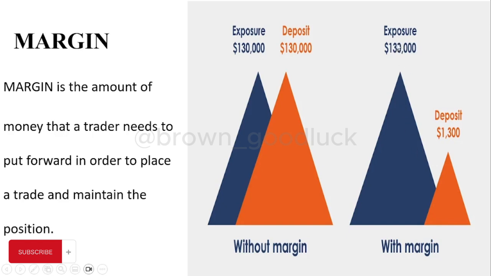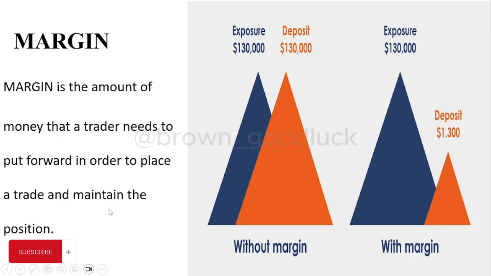I know this is somewhat complex, but let's assume you understand. Going forward, once you start doing it, you'll know what I'm talking about. For now, this is the theory aspect. So this is what you deposited, $1,300, but you're exposing this to the market. Why? Because margin is the amount of money that a trader needs to put forward in order to place a trade and maintain the position. This now has to work with leverage.